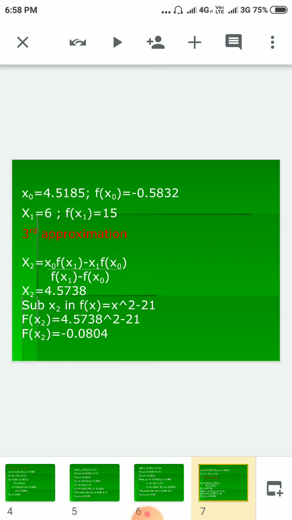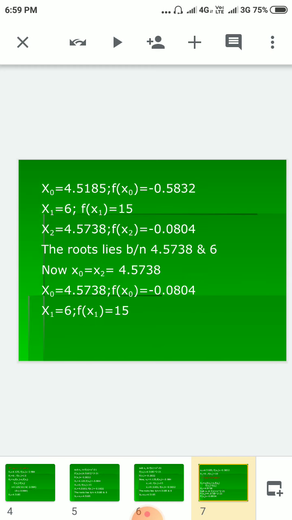Now let us move to the third approximation. After replacing the value of x2 by x0, go to the formula and substitute all these values, and finally we get x2 as 4.5738. Substitute this value in the equation x square minus 21, and so we get f of x2 is equal to minus 0.0804.